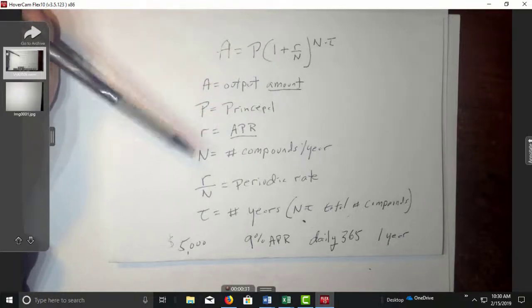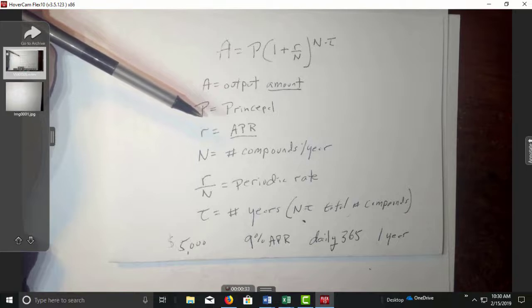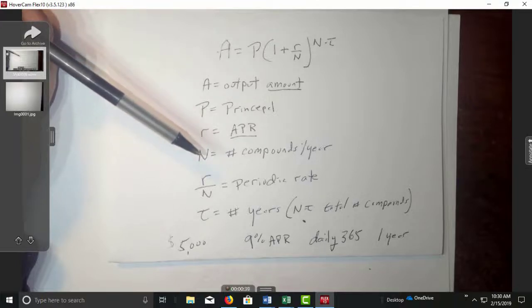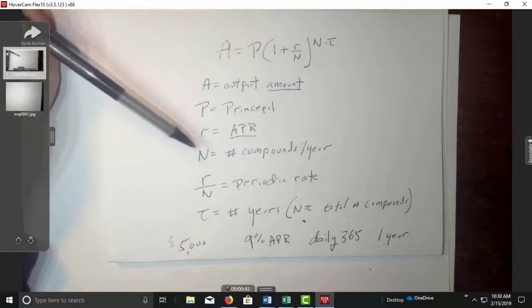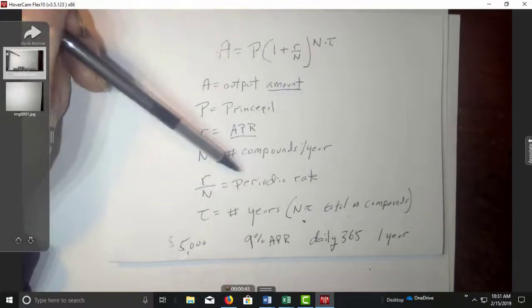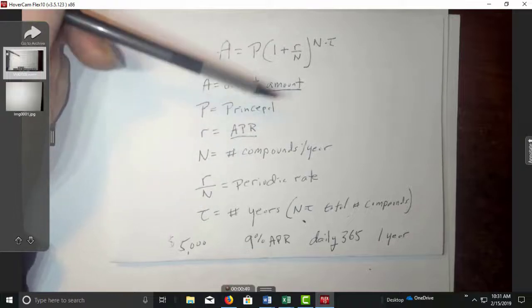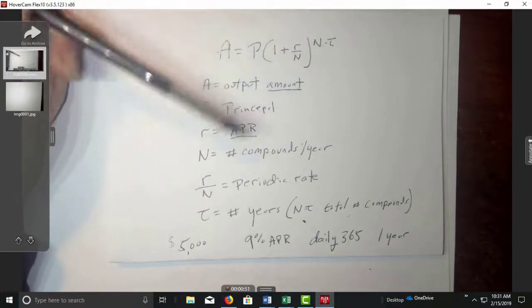Here's all our inputs. P is the principal or starting amount. R is the APR, annual percentage rate. N is the number of compounds per year. So that would make R over N actually our periodic rate. And T is the number of years. That makes N times T the total number of compounds.